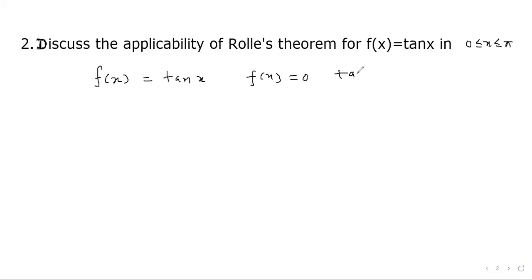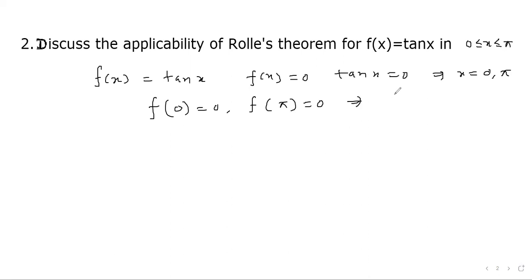So tan x equal to 0, which gives x equal to 0 and pi. Also, we put the values: f(0) will be 0 and f(pi) will be 0. So we can say the condition f(a) equal to f(b), that is f(0) equal to f(pi), is satisfied.